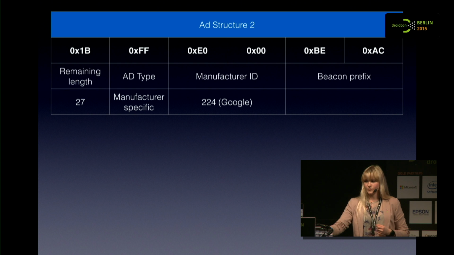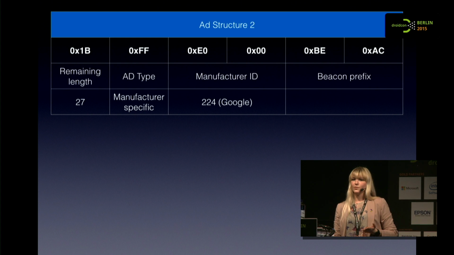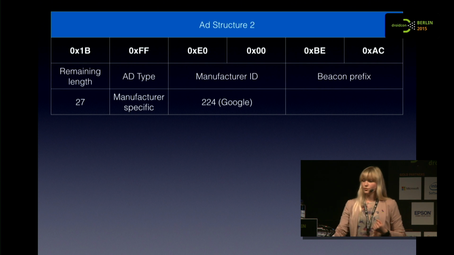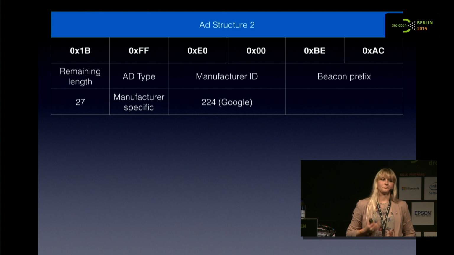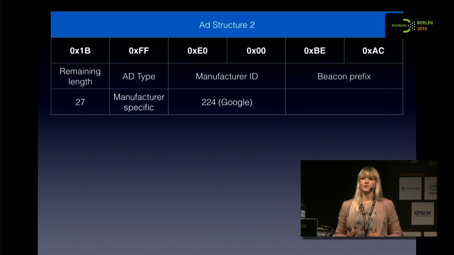For example, some beacons are manufactured by Google, and the value 224 indicates that this beacon is issued by Google. So if we have a shopping mall with several companies and different beacons from different vendors, we can distinguish our beacons, and then parse the data just from these beacons.